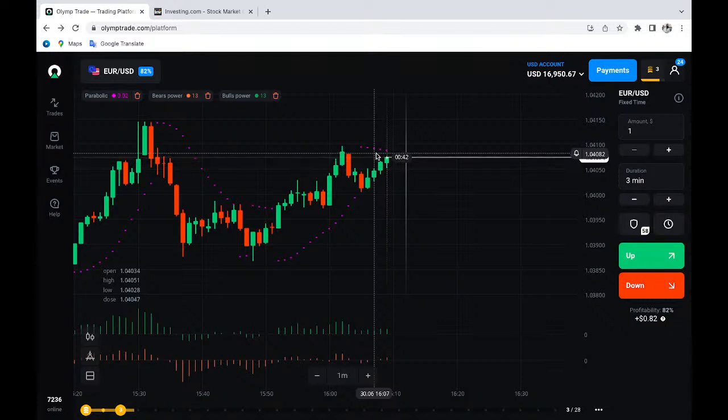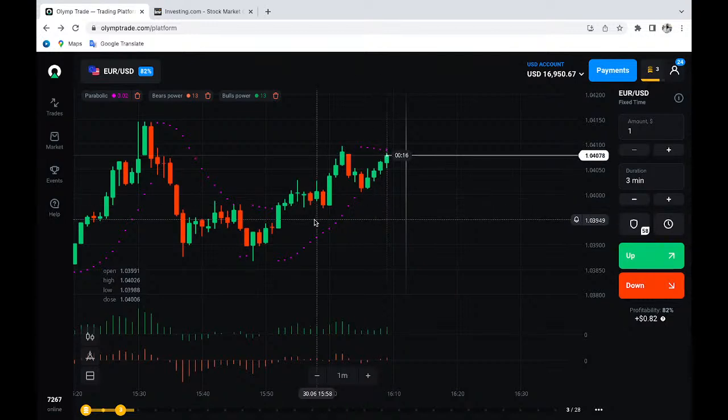And for a confirmed, strong downtrend, we need bull power below zero as well, because when the bull power is below zero, it means it's weak. So whenever we trade for the downside, we need parabolic moving top to bottom, and bull power and bear power below the zero level.